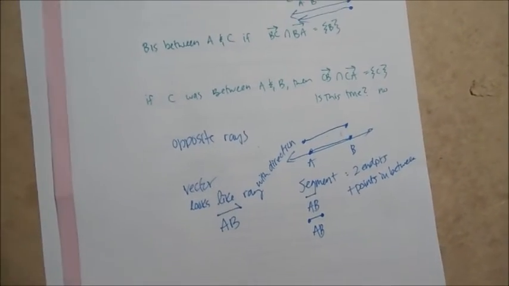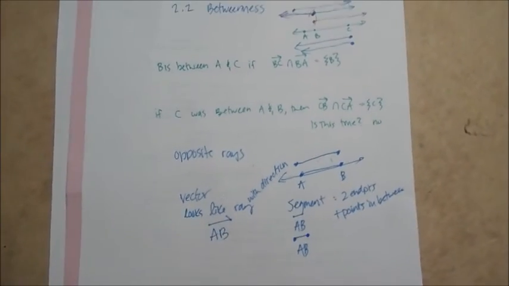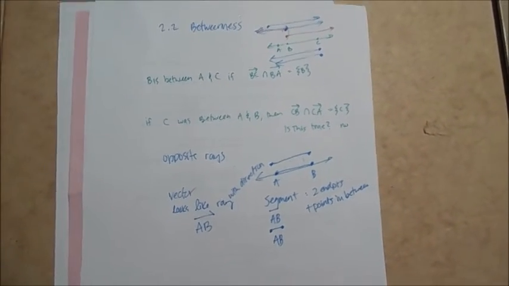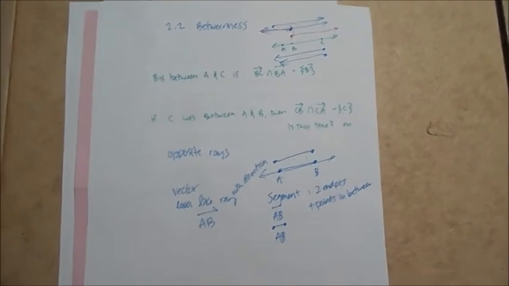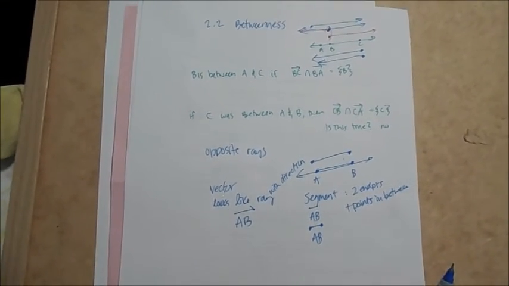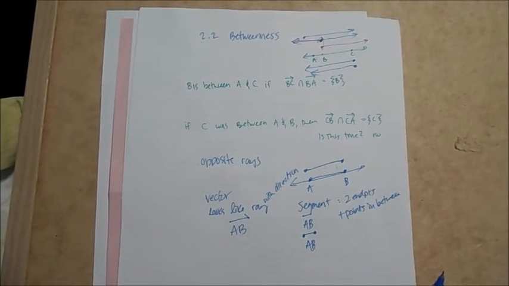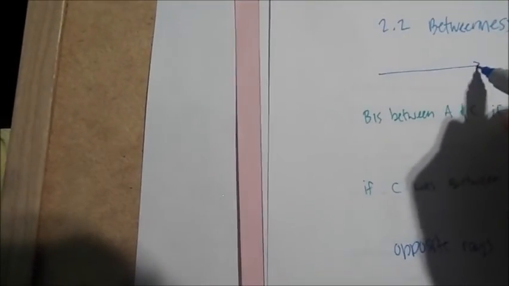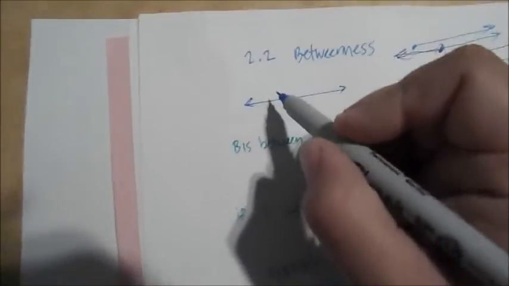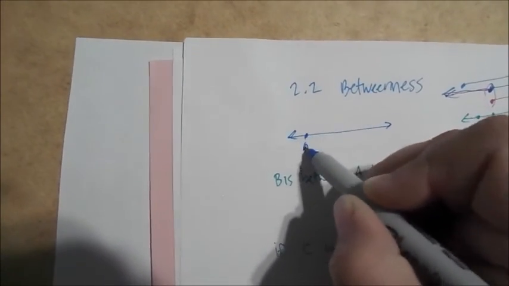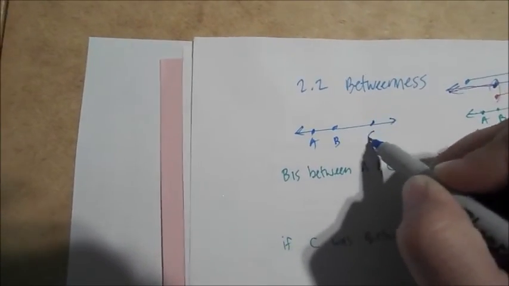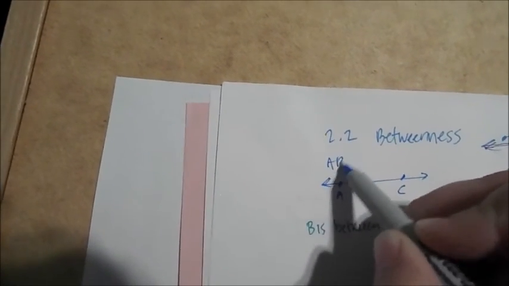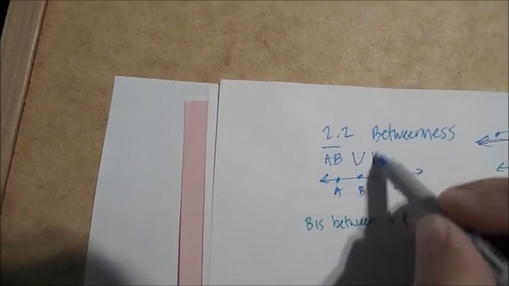And the rest of the ones that you're going to have, ask me if you need help, but intersection and union, you can keep going back to those and keep asking yourself what's in common or what do I get when I put them together. We have done this a little bit in Algebra 1, but let me give you an example. If you have a line and you have A, B, and C, if they ask you to take segment AB and union it with BC, what would you get?